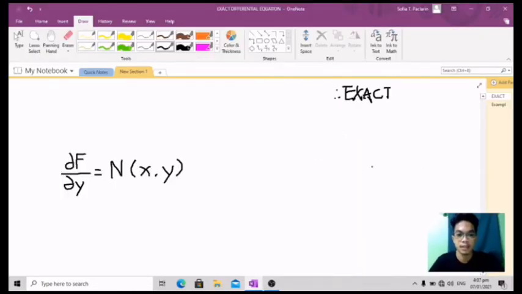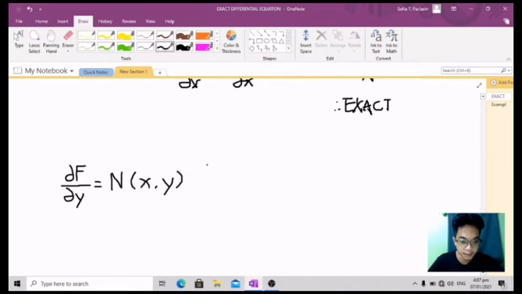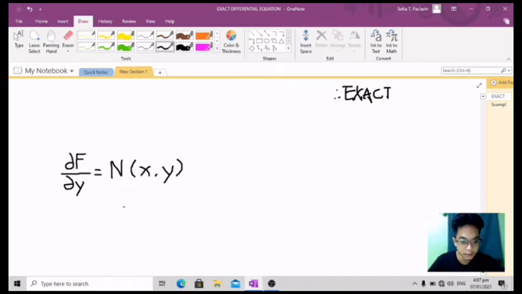After we test the exactness, we will arrive at this formula to solve for the exact dE. So, partial derivative of f with respect to dy is equals to n of x and y. So, value ng n is sin x. Partial derivative of f with respect to dy, sin x.